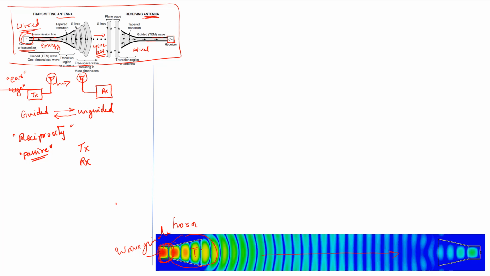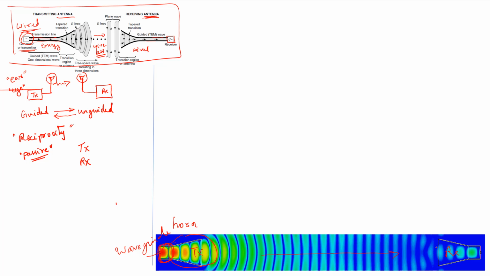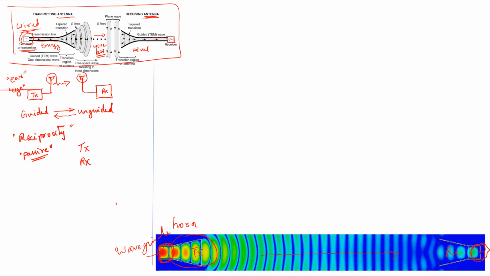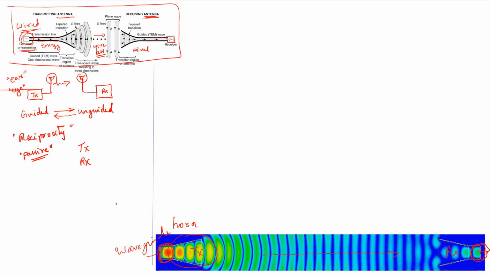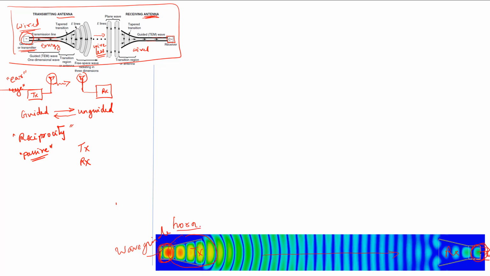So this is the transmitter and this is the receiver, where the receiver antenna picks up the wireless signal and converts it back to guided energy, delivering it to the receiver which will be connected as a load to this antenna. So this horn antenna is one of the kinds.